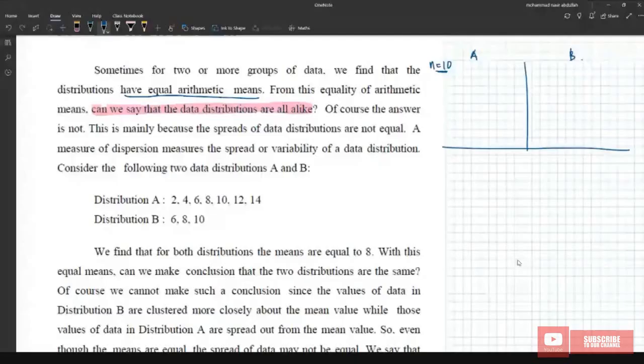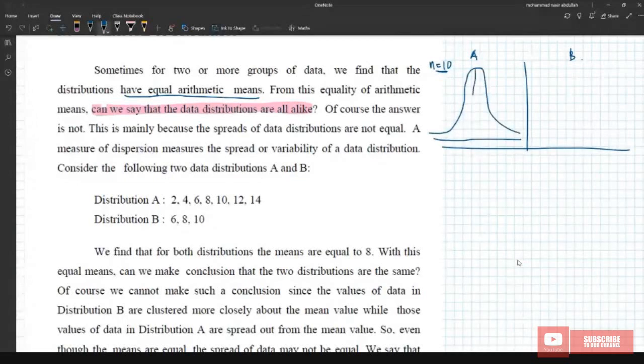So I get, let's say, a distribution like this, and the mean is x bar equal to, let's say, 5. So I go to another playground, playground B. I collect 10 data, and the mean is also equal to 5. But the distribution that I got is like this.